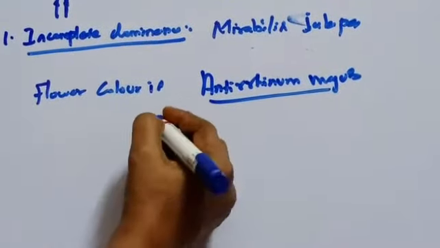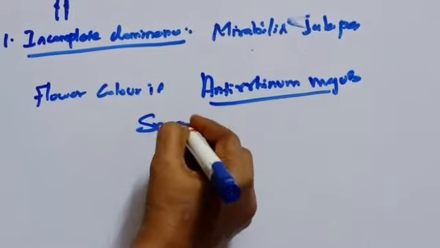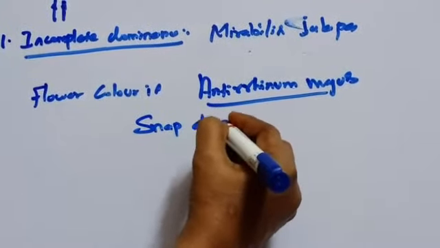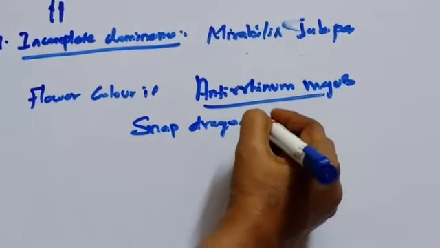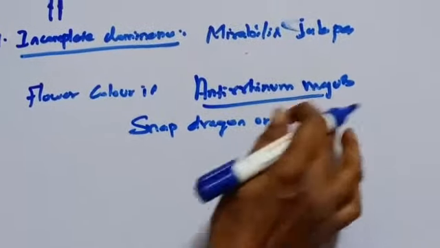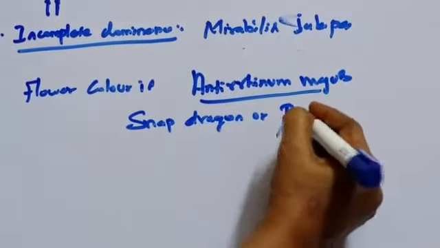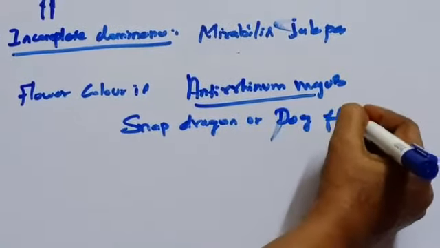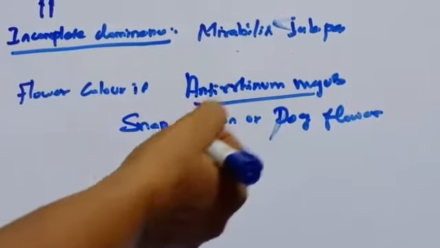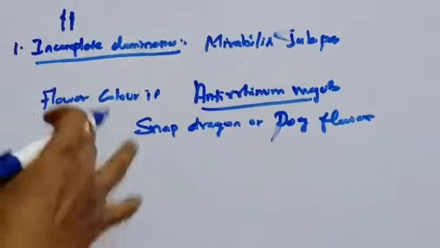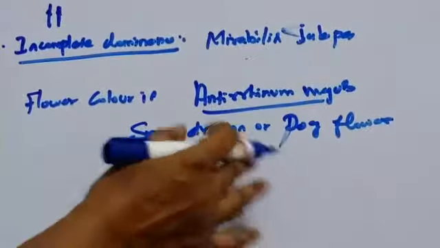This plant is otherwise known as snapdragon or dog flower. Incomplete dominance is found the same as in Mirabilis jalapa.